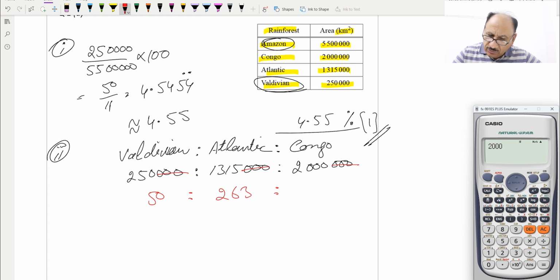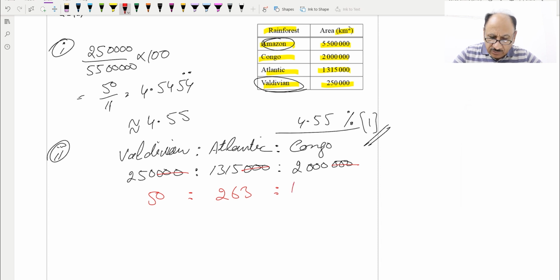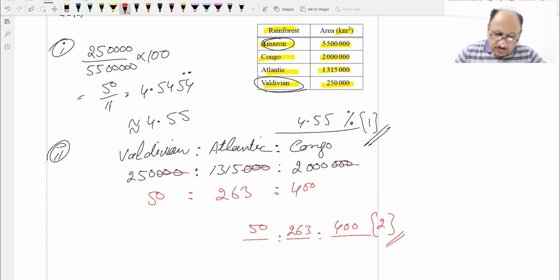So divisibility rule you can apply, or you can use a calculator for this. So this will be the ratio, and in the place they have provided, we can write the answer over here: 50, 263 and 400, and this is the 2 marks part which we have done.